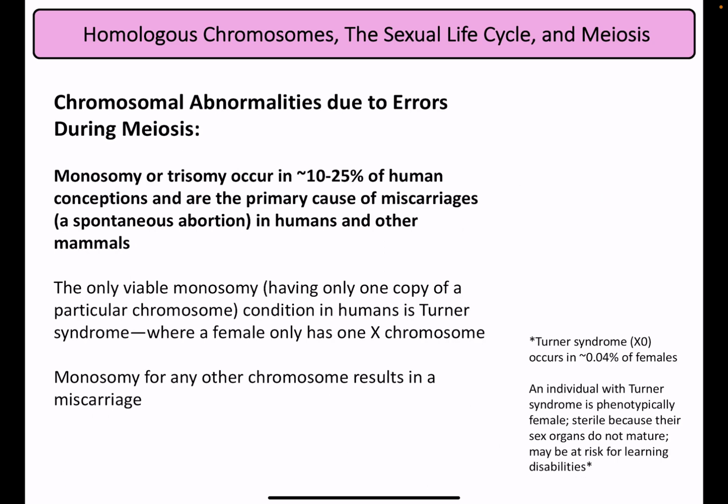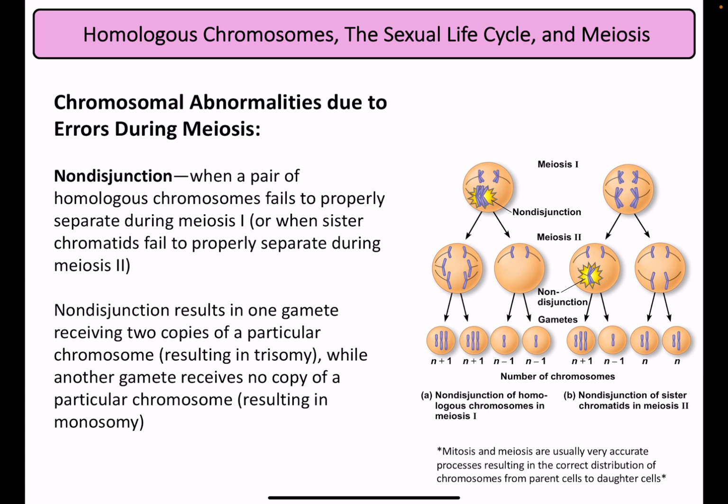So I say they're common, and they are. Pretty much most miscarriages that happen, and they happen to everybody, 10 to 25% of human conceptions result in a miscarriage. The reason that's happening is because non-disjunction happened during meiosis in one or both of the parents.